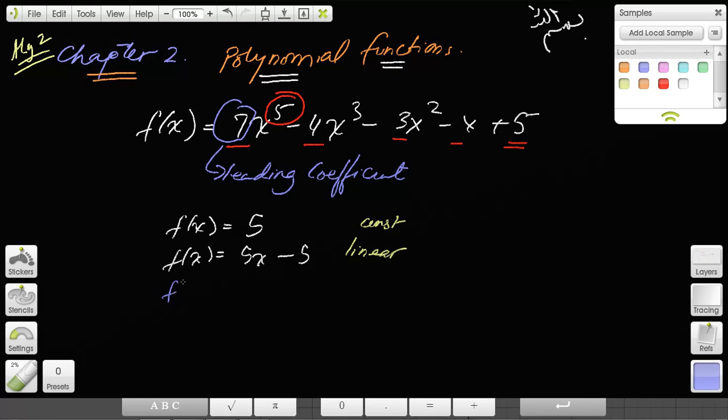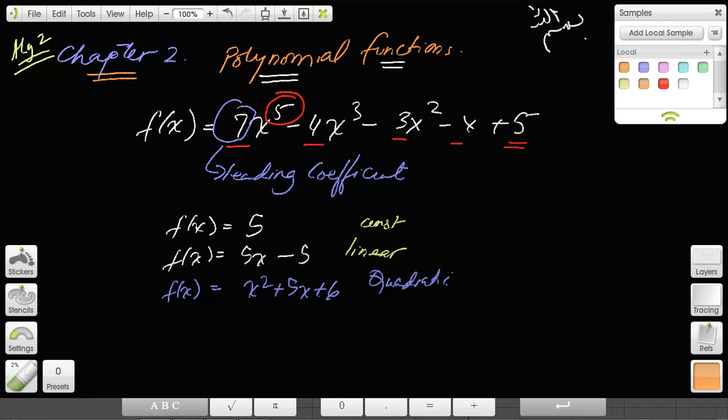And the last chapter was all about specific polynomial functions, like this type of function, right? It was like x squared plus 5x plus 6. So this was a quadratic function, right? That's a quadratic function. But these are technically polynomial functions too.